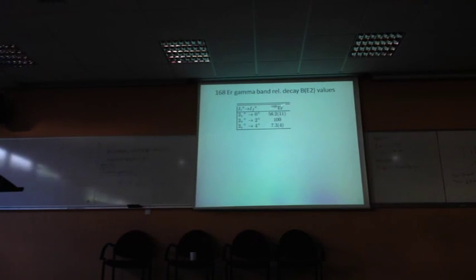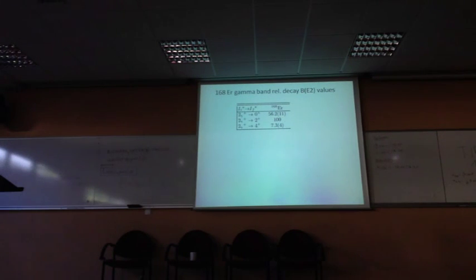Okay, now, you'll notice this table sort of cuts off here and is kind of short. In one of the exercises today, I'm going to ask you to fill this out for the 3 plus, the 4 plus, the 5 plus, and the 6 plus. And for the 3 plus and 5 plus, to come up with these uncertainties as well.